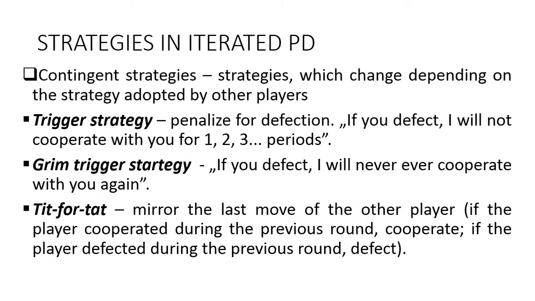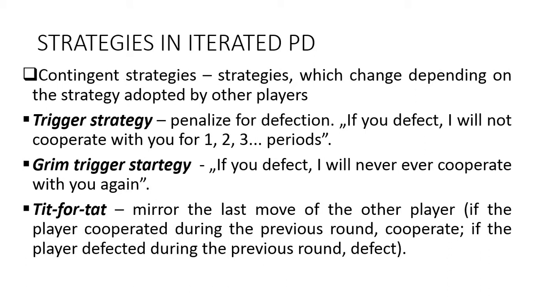Okay, so when it comes to the iterated prisoner's dilemma game, the class of contingent strategies includes all the strategies which can be adapted, adjusted, modified, based on the behavior of other player or players.